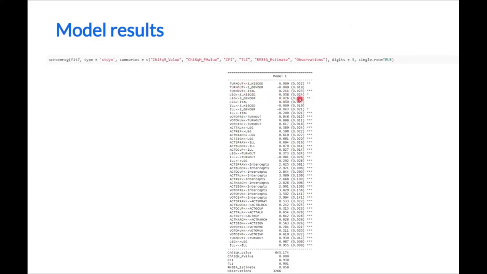The reading skills measured by the Italian evaluation test are possibly related with formal participation, not related with legal participation, but negatively related with illegal participation. Students that have higher reading skills have less disposition to participate in illegal ways. That is my interpretation. It's just a way to interpret the results that we have here.